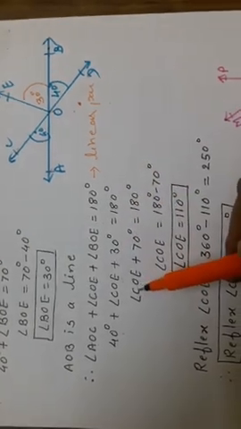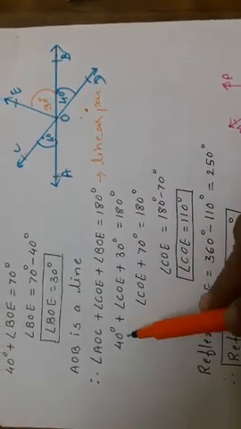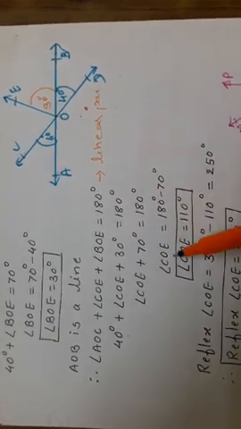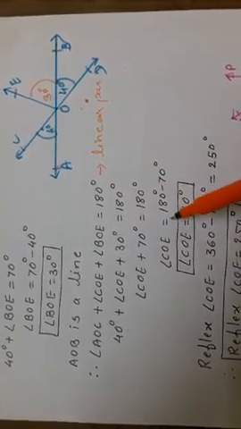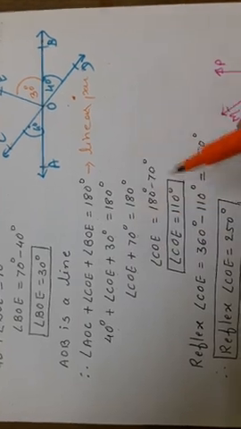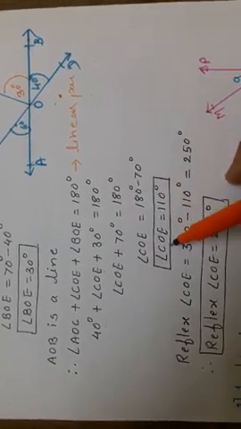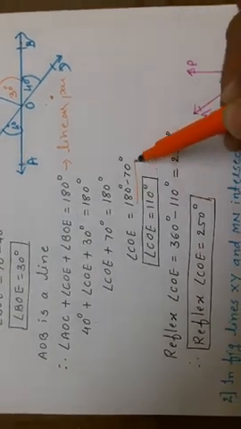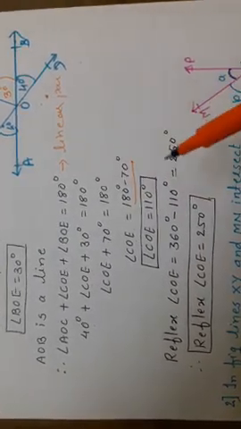So angle COE plus 40 plus 30 degrees, which means 70 degrees, is equal to 180 degrees. So angle COE is equal to, we will shift 70 degrees to the right-hand side. So we will get COE is equal to 110 degrees because 180 degrees minus 70 degrees is 110 degrees.